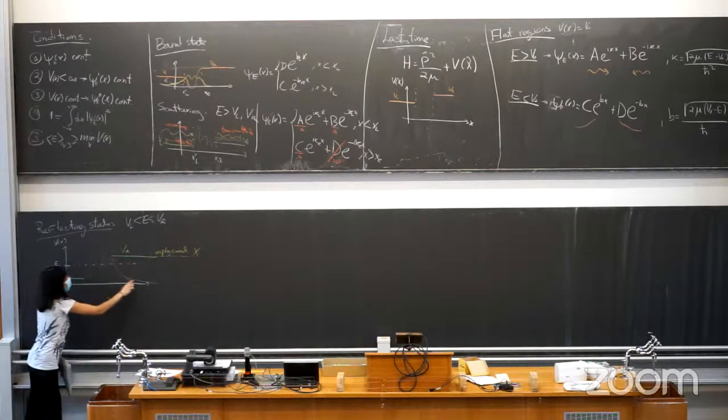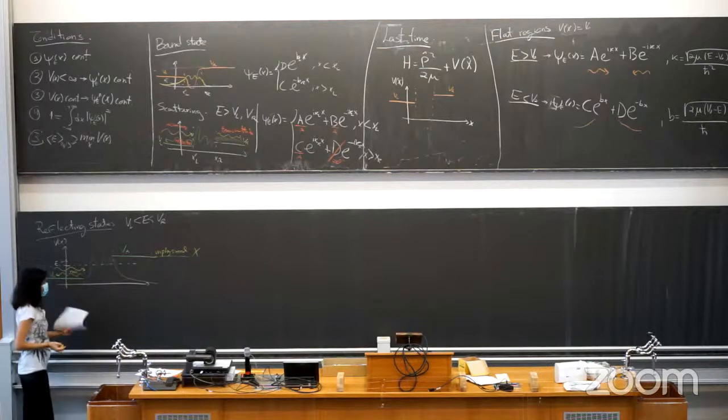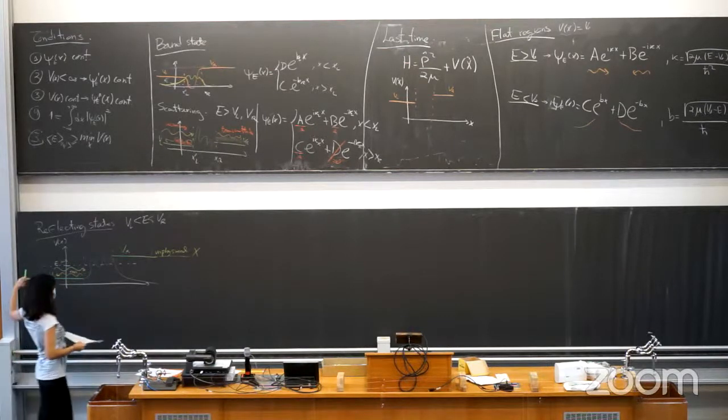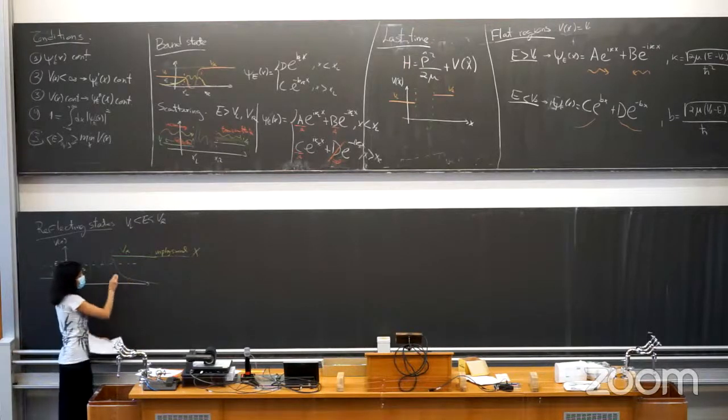On the left, it's going to be the same thing, the incoming and the reflected. And the difference to the RS solution is that this is not like a wave moving there. It just means that with some probability you can find it here, but this probability decreases with x.